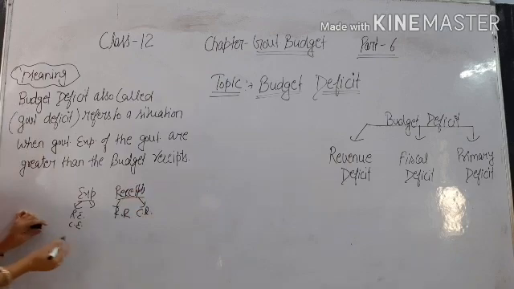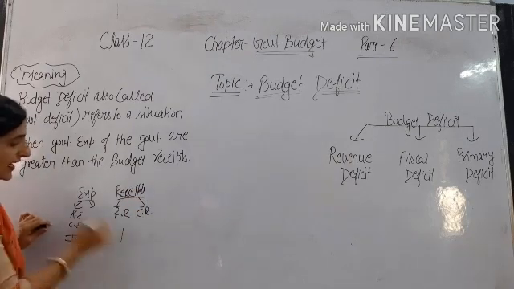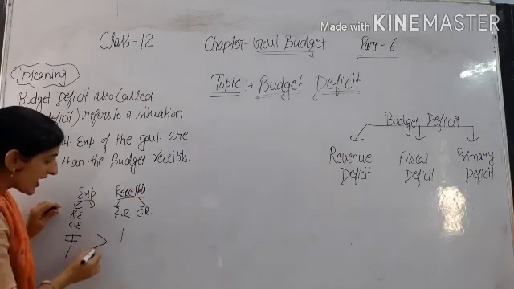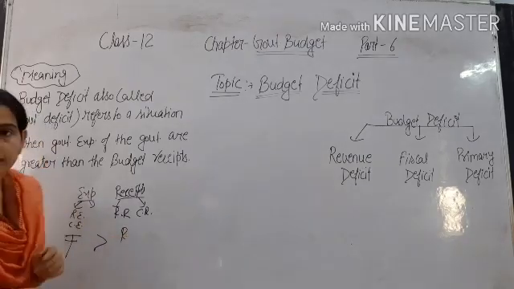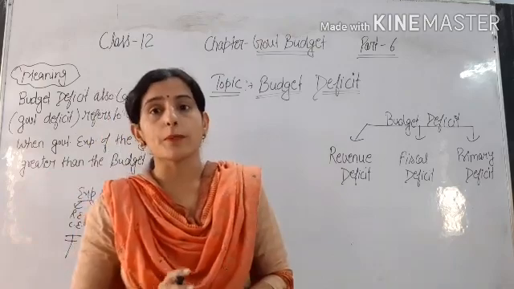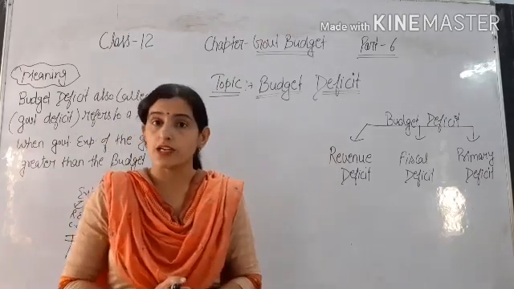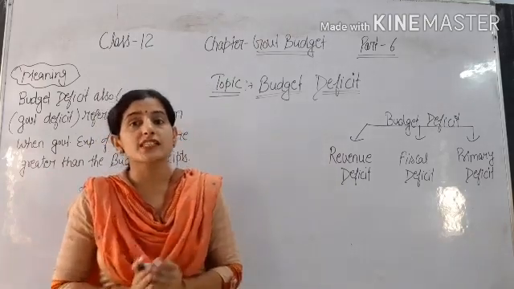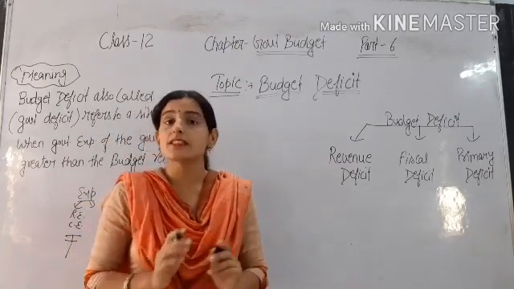So when expenditure is greater than receipts, there is budget deficit. For example, if your income is 100 rupees and your expenditure is 200 rupees, then your expenditure is greater than your income, so there is deficit.